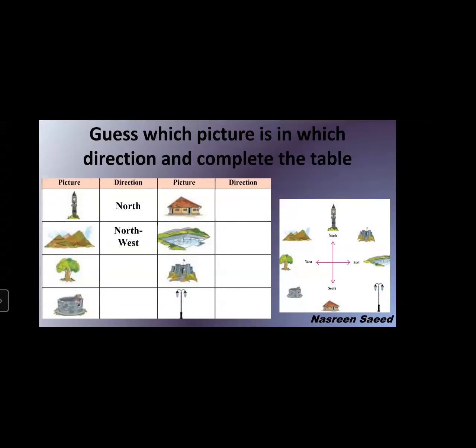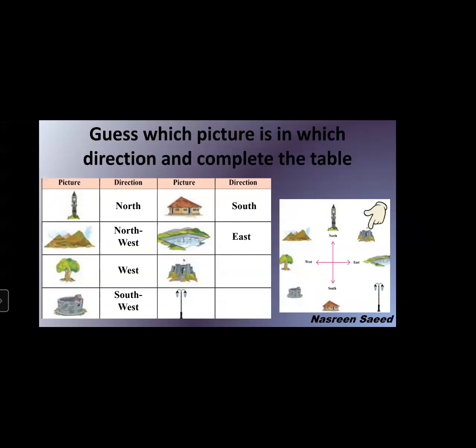Then the tree is on the west side, so we write west. The next is the well. The well is in between south and west, so the direction will be southwest. The house is in the south, so I'll write south. Then the tank is in the east direction, so I'll write east.